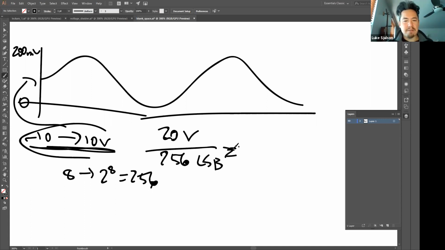And what is that? Let me see, give me a second here. It's roughly 0.1 volts, a little bit less. Sorry, it's 78 millivolts.